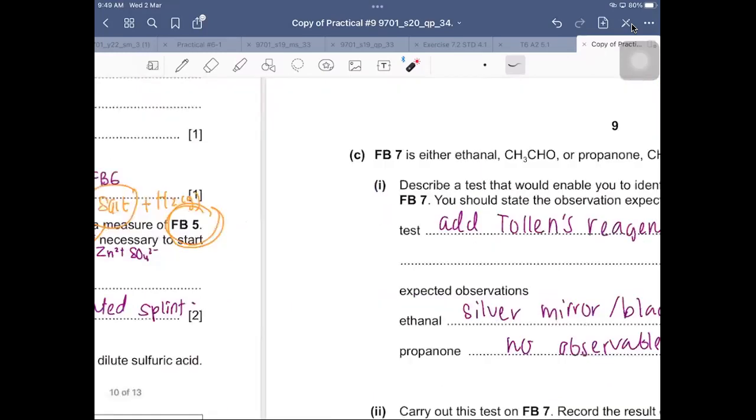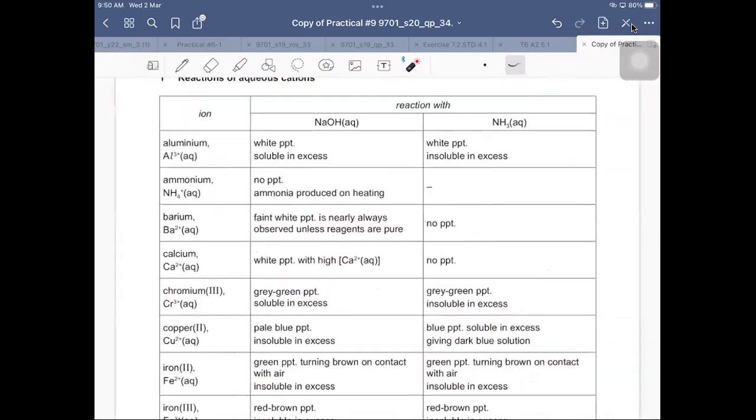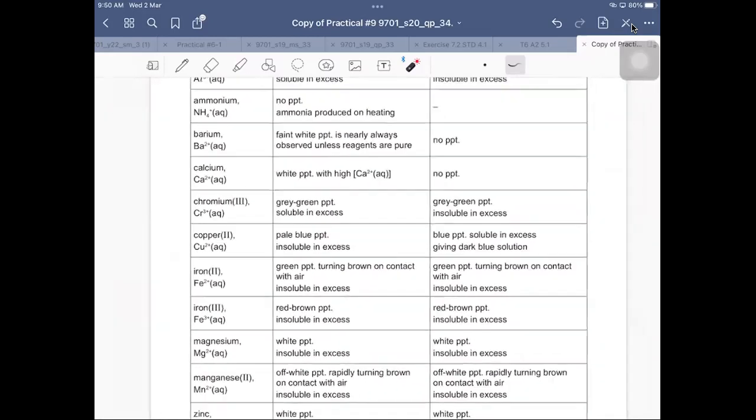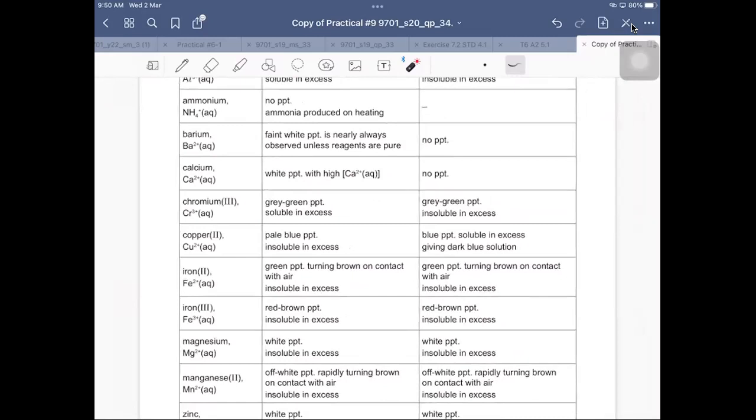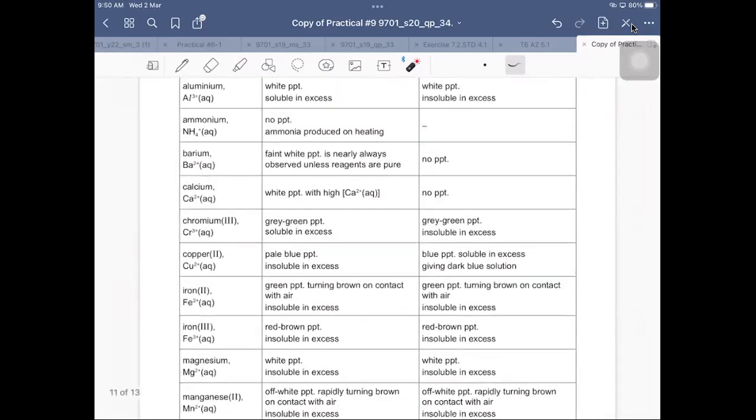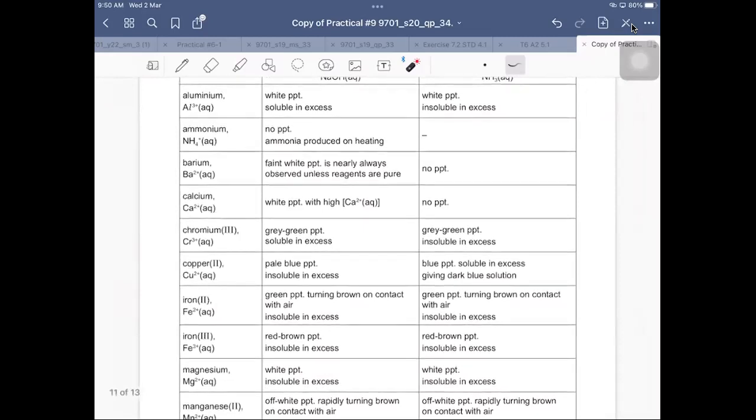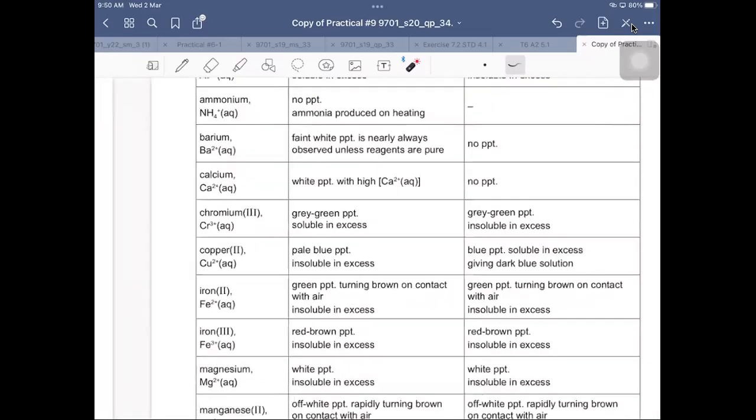To test with sodium hydroxide and ammonia, please make sure that you only use colors that are in this table. If you see a purple color that's not in this table, repeat the experiment. If you see purple, then just write down white. If you see black, you choose the one that's closest to black.